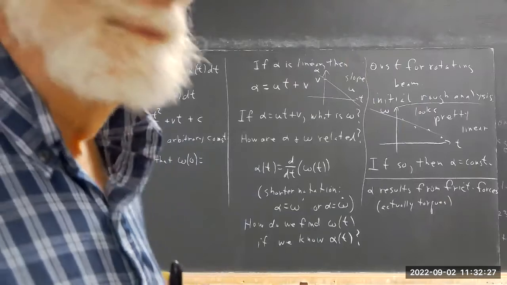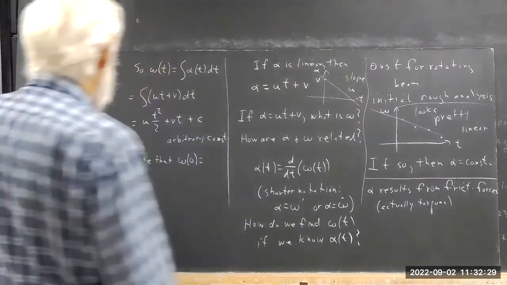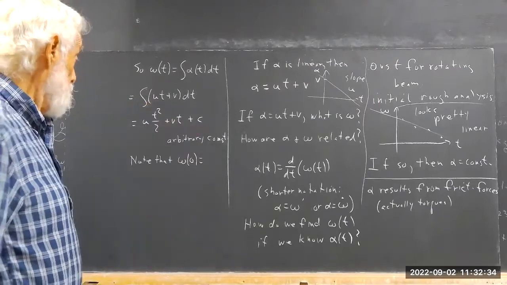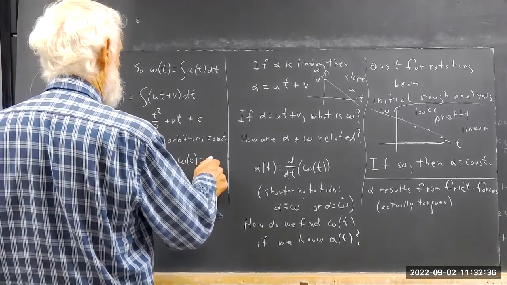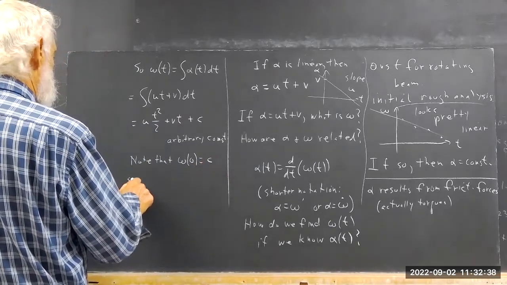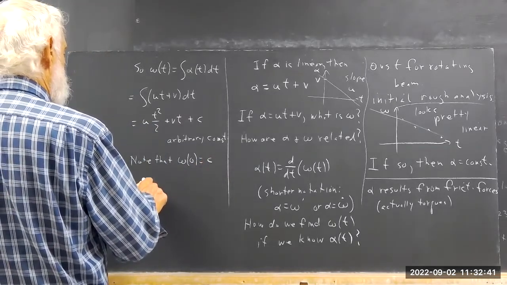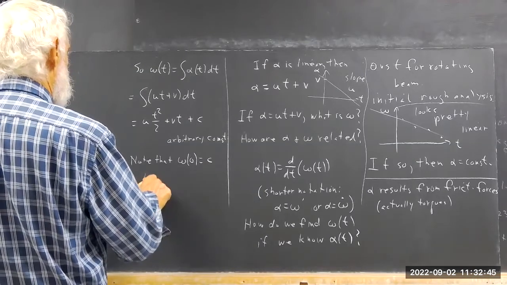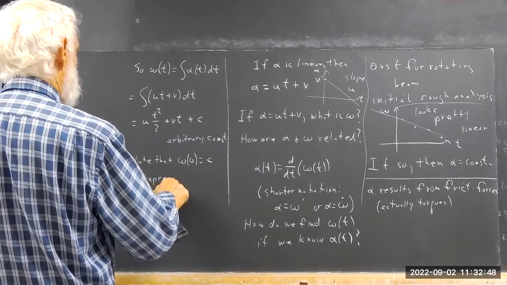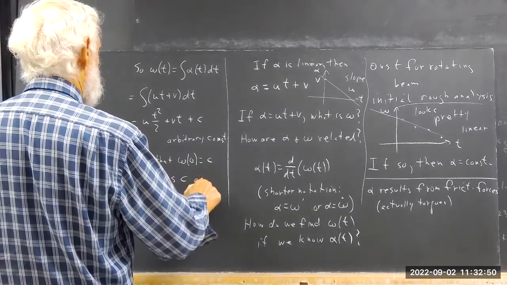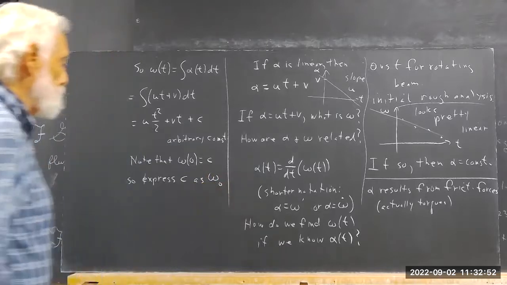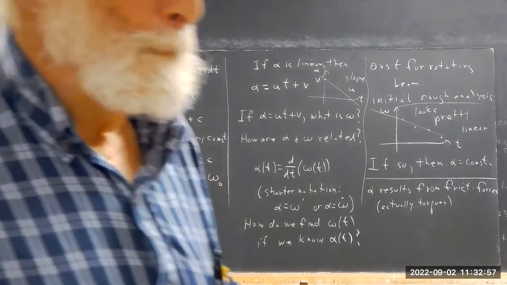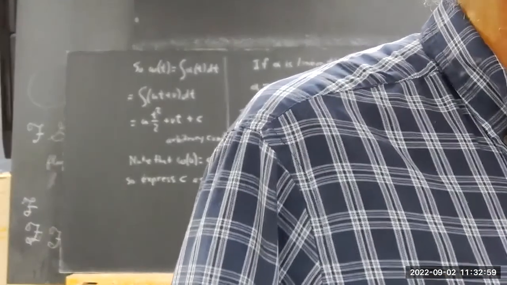Obviously, if t is 0, we're going to get C. So we're going to express C as omega sub 0, omega naught.